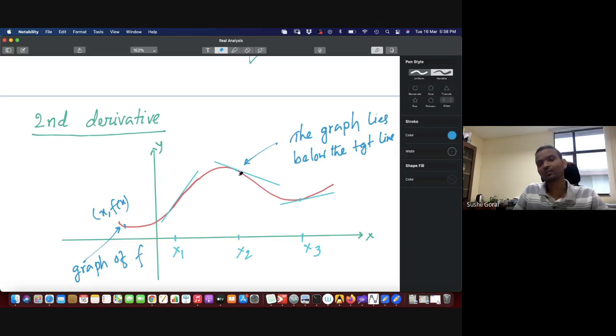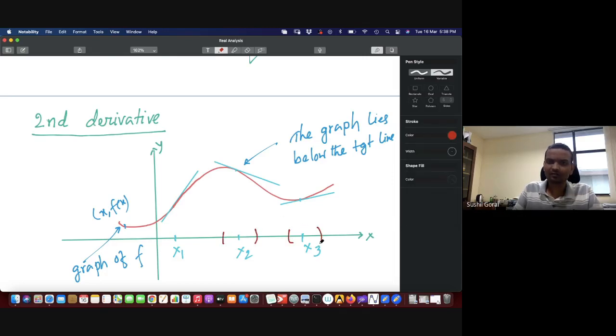Of course, in a neighborhood. If you go this way to infinity, you will hit the graph again. But we want actually locally, so in a neighborhood.